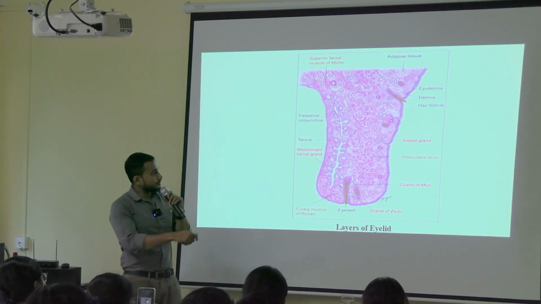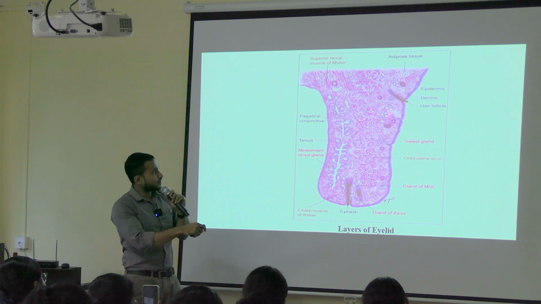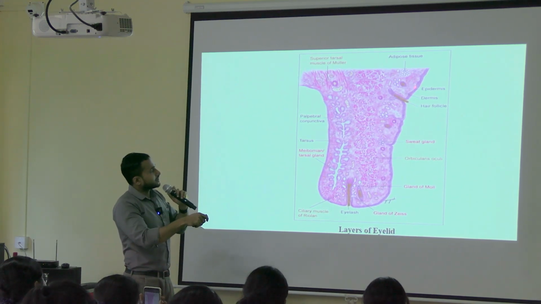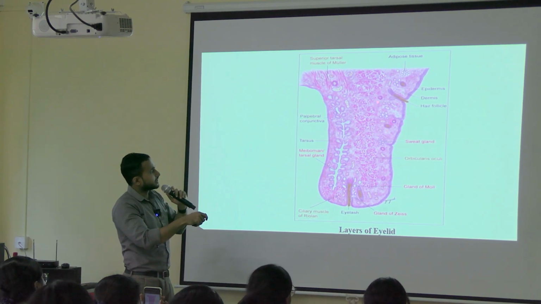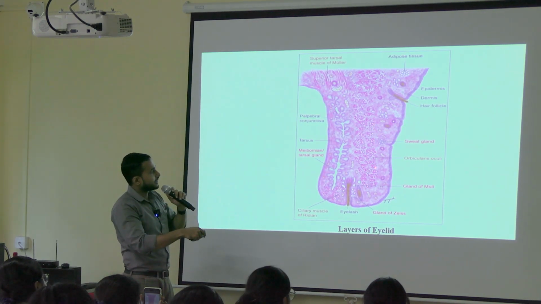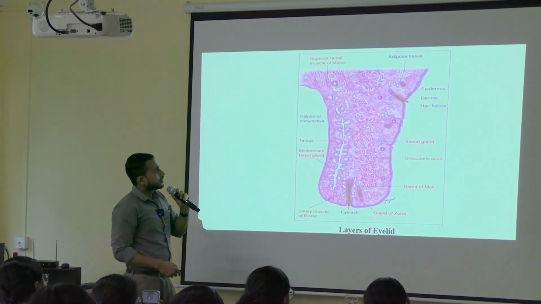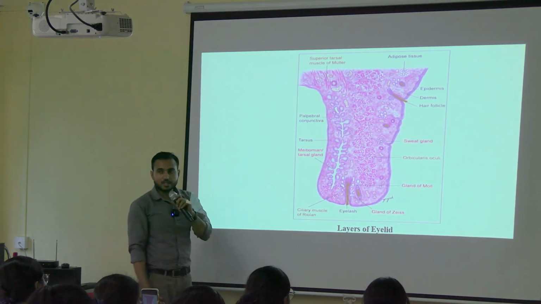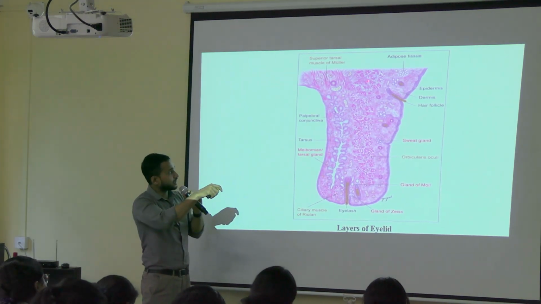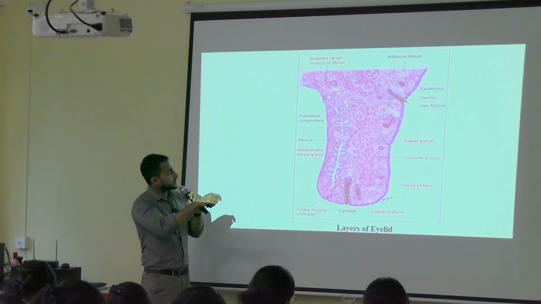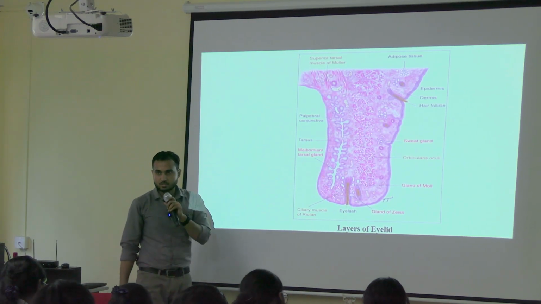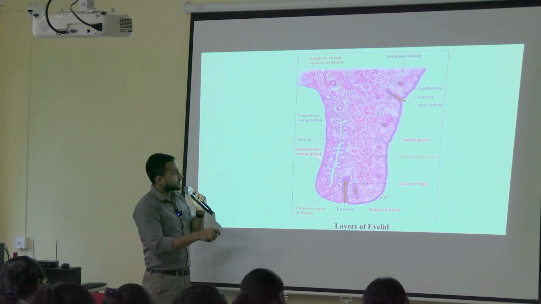Now, in between, can you see all the layers? This entire part is made up of skin. Then here you will get the delicate connective tissue. After that, this is the muscle layer, which is made up of the orbicularis oculi muscle. This whole part is the orbicularis oculi muscle. Next, here you can see the tarsal plate, where different types of glands are present. See, meibomian glands are there.